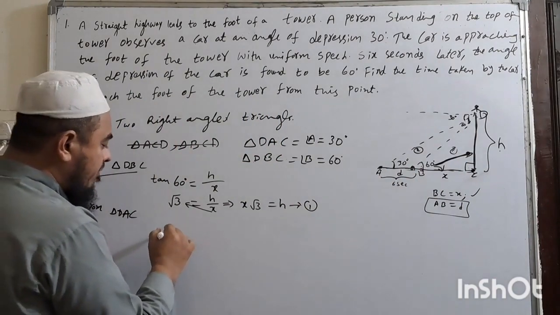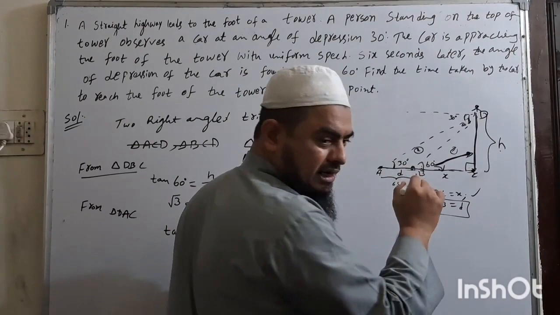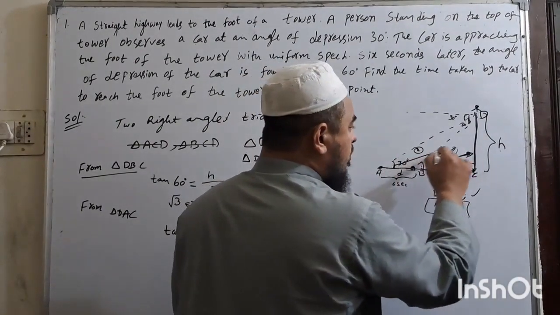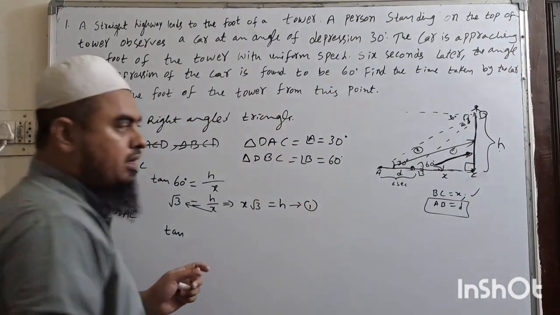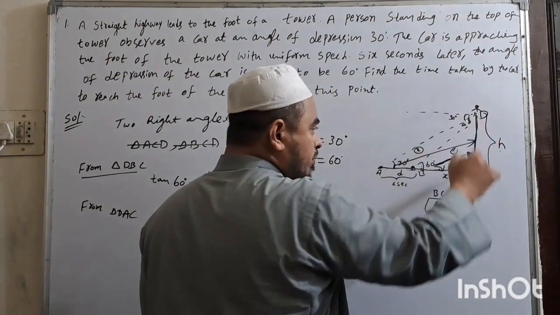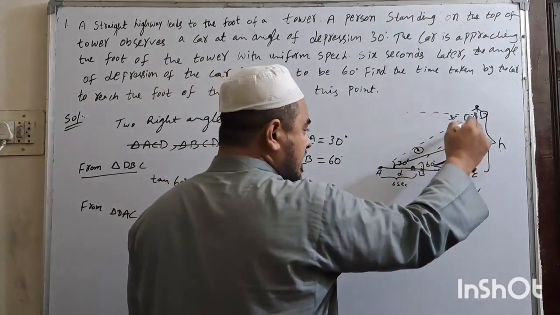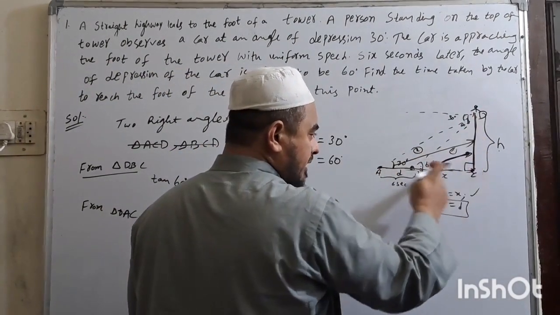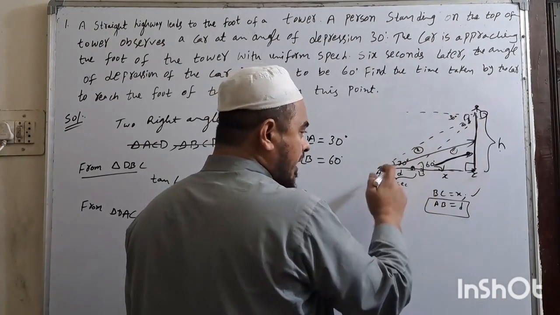So here we take the tan ratio again, because for the 30 degrees angle the opposite side is again the tower, and the length of this opposite side is the height of the tower. Tan 60 we got as opposite by adjacent. Similarly, tan 30 is opposite by adjacent.